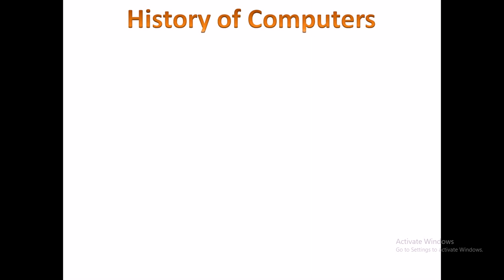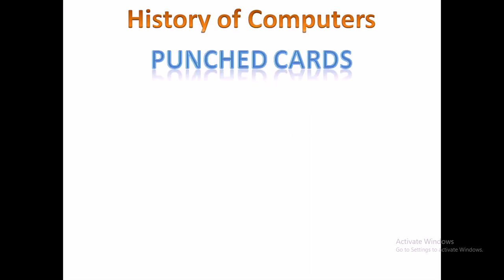After this era, a new technology was introduced by an American statistician. He designed a machine that was driven by electricity. The name of this scientist was Herman Hollerith.